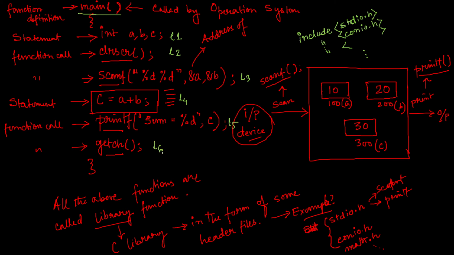So if we consider each line as a point, a node, suppose this is a node representing line number 1, this is another node representing line number 2, another representing line number 3, in this way.